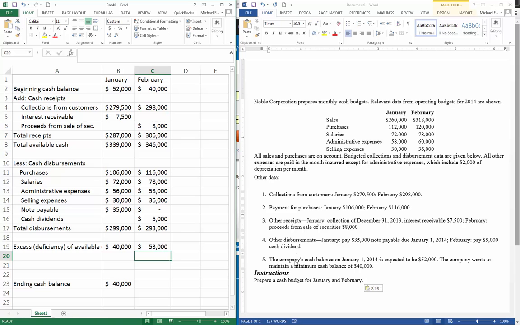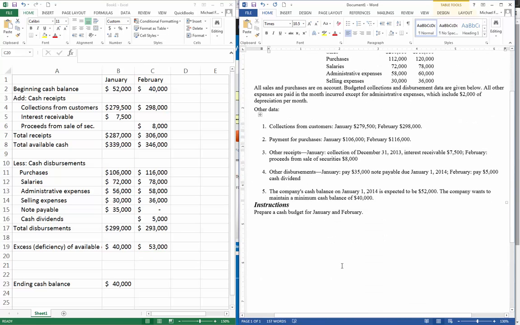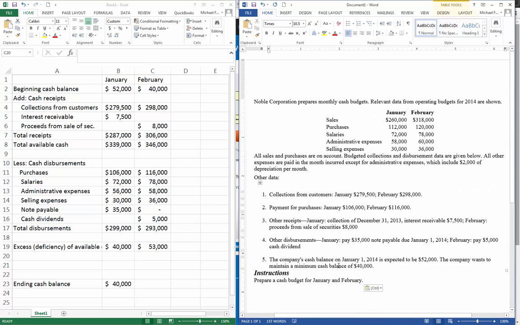It tells us the company's cash balance is expected to be $50,000. The company wants to maintain a minimum cash balance of $40,000. So you would think that would be good, although when I double check the answer key, yeah, I have an answer key here that I'm looking at, they want us to make sure that they don't have any more than 40,000 left over.